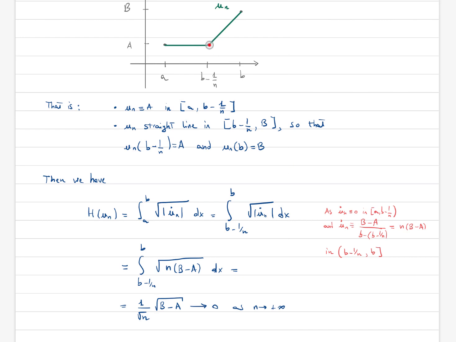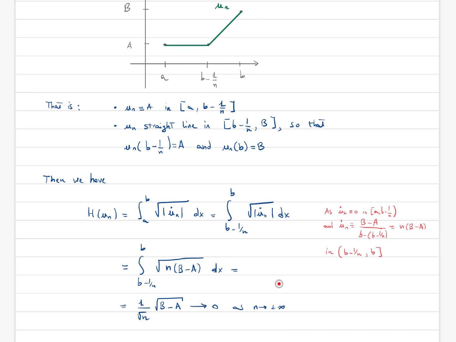Here we are transitioning from capital A to capital B in a space which is of length 1 over n. So in the end, u dot in this segment here actually is n times B minus A. So here you end up with the square root of n times B minus A, which is constant. You can take it outside of the integral, and so by simplifying you end up with 1 over square root of n times square root of B minus A, and this goes to 0 as n goes to plus infinity.